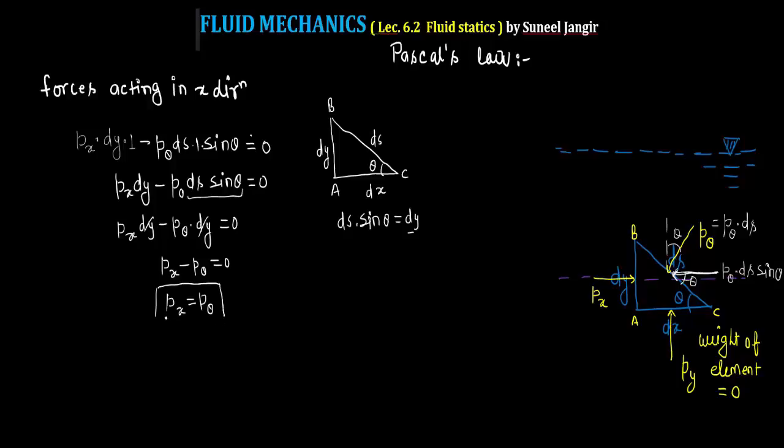So from the consideration of the forces in the equilibrium state in the x direction, we can say that the pressure intensity in the x direction, px, is also equal to the pressure intensity on this plane BC, that is p theta. I'm saying this is our first equation.